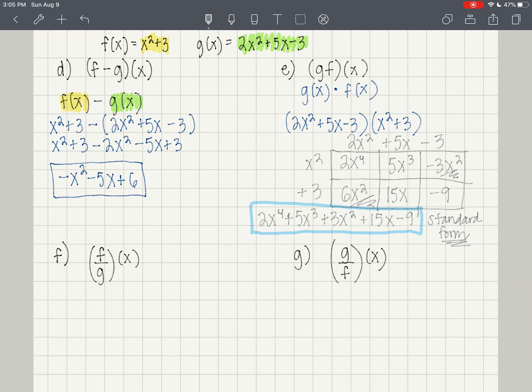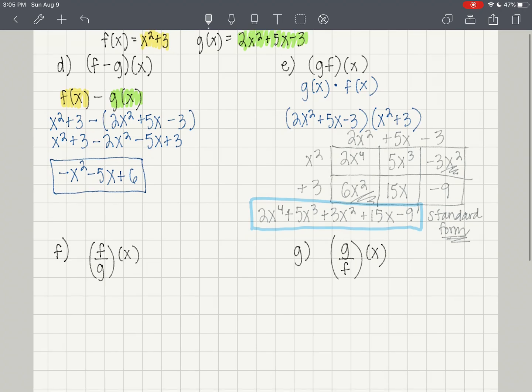Okay, 2 more problems to go for this set of problems. The only difference here is that we need to make sure that if we have restrictions, we identify them.